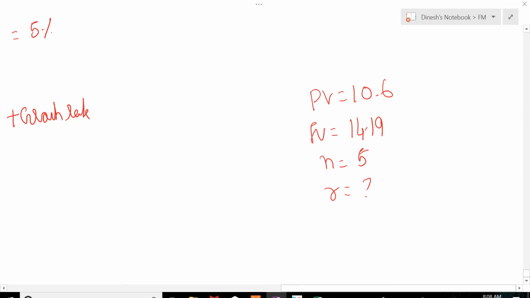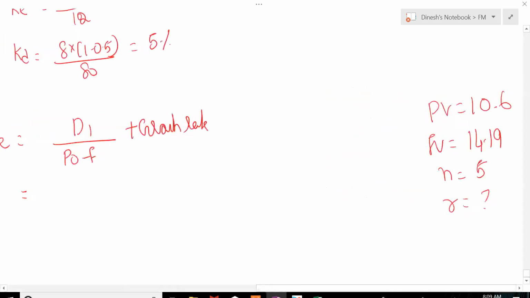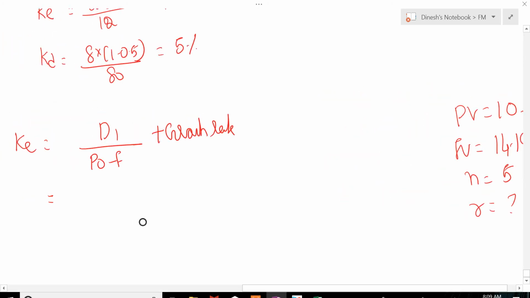When you divide, you get some number. If you subtract 1 from it, that's the amount of growth; I multiply by 100 to get it in percentage. That number was 5 point some number. So I am just going backward and adding 6% to see what is the growth rate. Now you have written the formula D1 by P0 minus F plus growth rate.